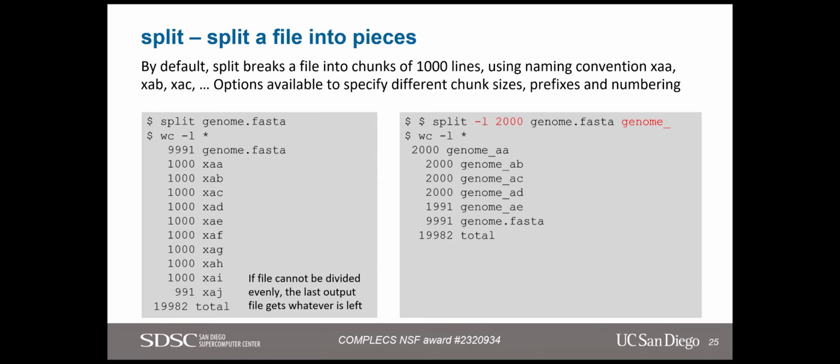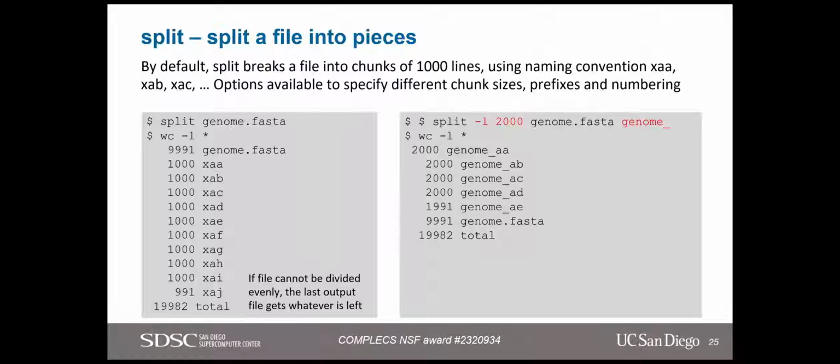The wc command here is just to show what's coming out. wc stands for word count, the -l stands for lines, and the star indicates that we're going to get the number of lines for all the files in this current directory. Our initial file, genome.fasta, has 9,991 lines in it. So our first 9 files are each going to get 1,000, and our last one is only going to get 991.